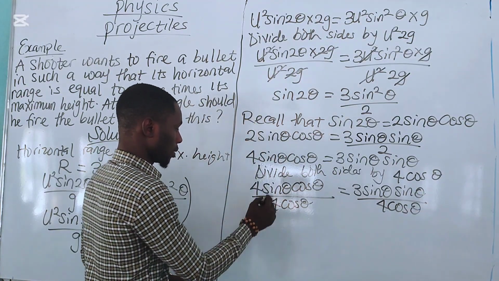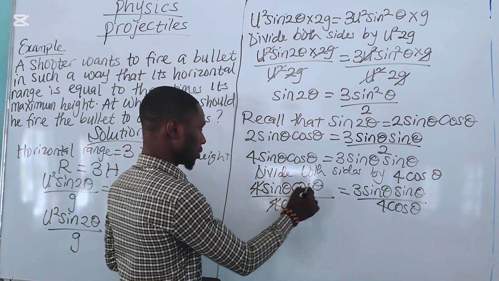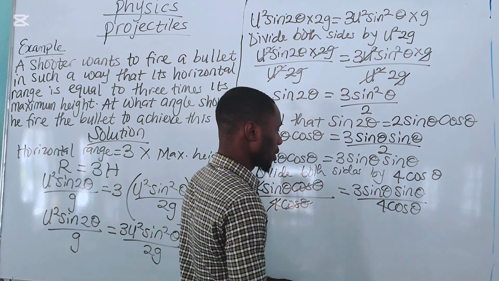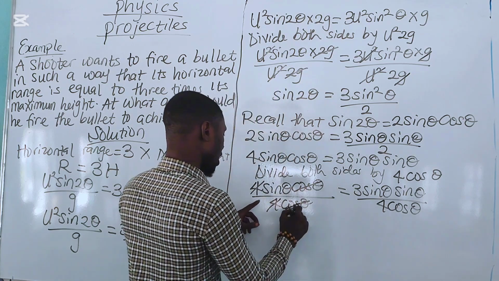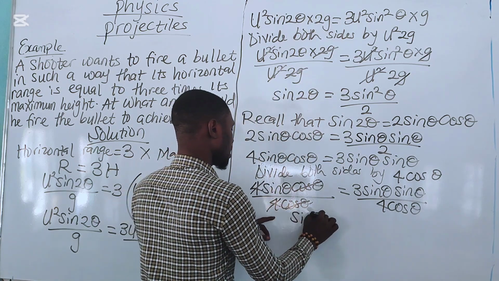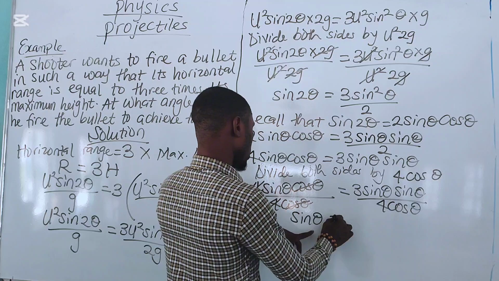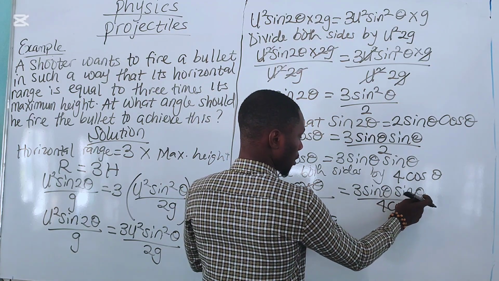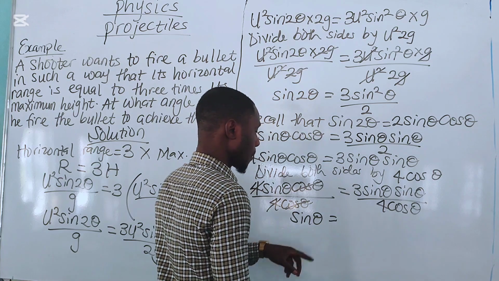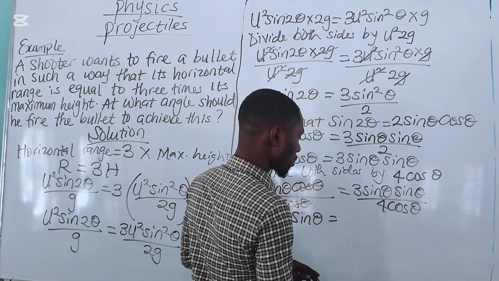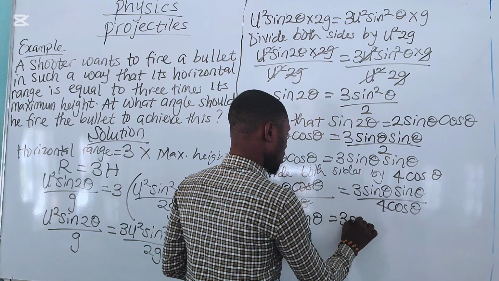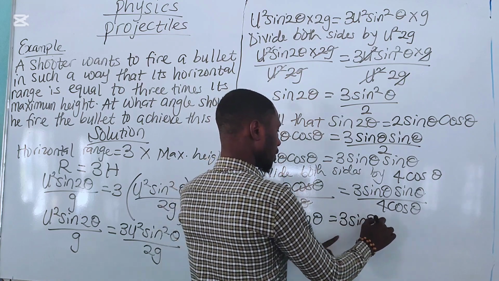This 4 goes with this 4, and this cos theta goes with this cos theta. We are left with sine theta equals 3 sine theta sine theta over 4 cos theta.